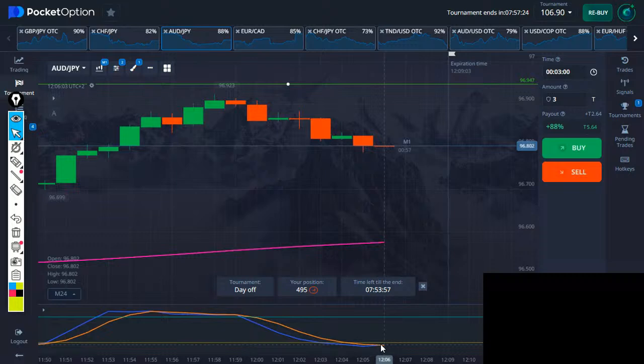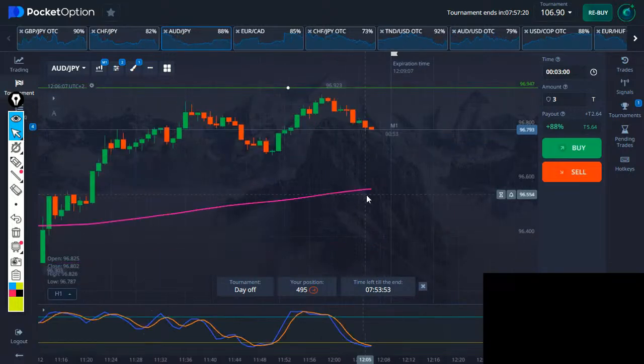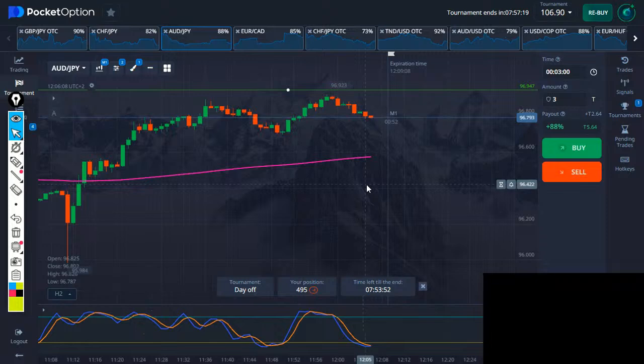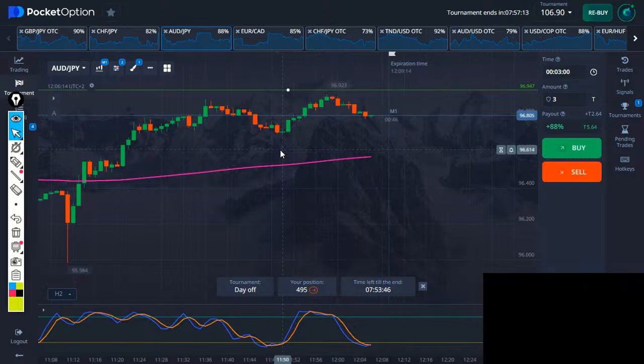See that? Both lines are tight, so we avoid taking the trade here. Let's wait and see.